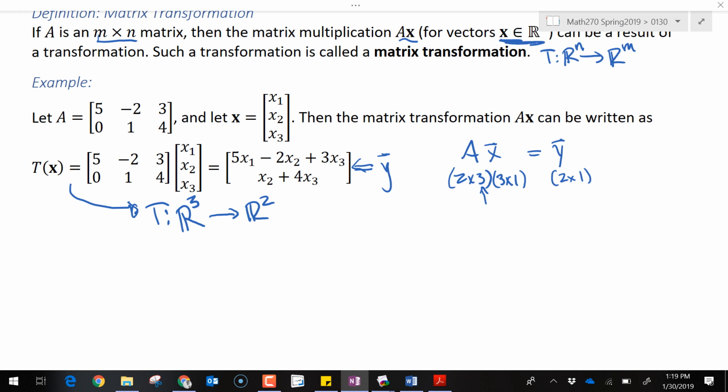The number of columns on the right hand side determining the dimension? Yeah, the right side is one column. Don't be tricked by this vector over here. It is just a vector with one element in the first component and one element in the second component, so this is really a 2 by 1. It's only one column.